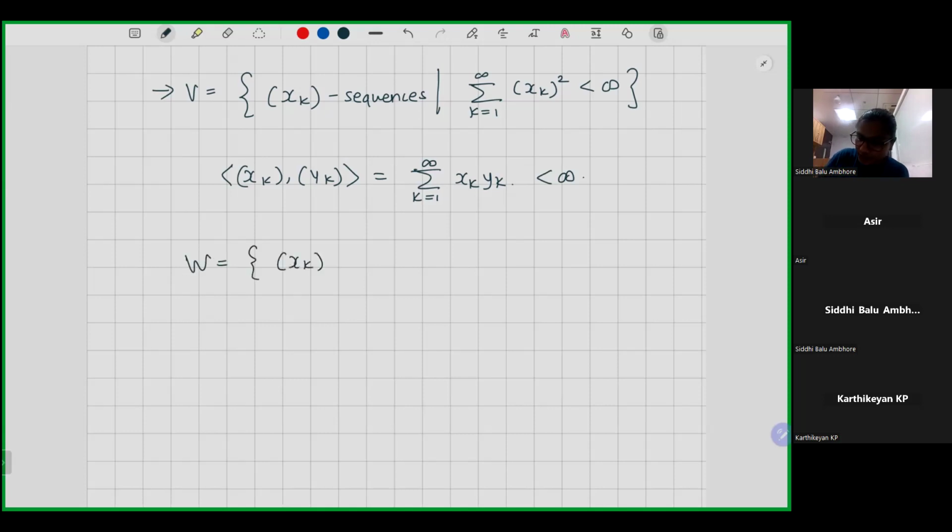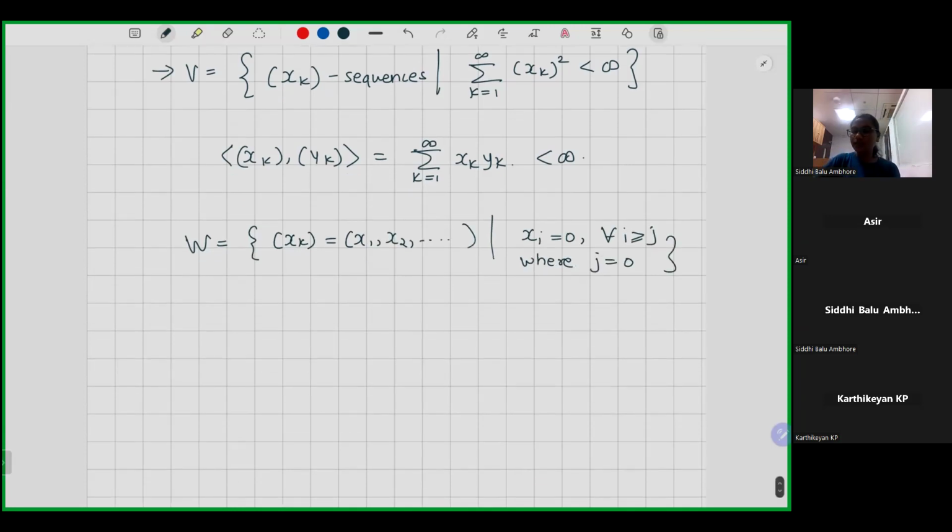W is a sequence such that, let me write this. x_k is a sequence, right? So it is of this form, goes up to infinity, such that x_i is equal to 0 for all i greater than or equal to j, where j belongs to the naturals.